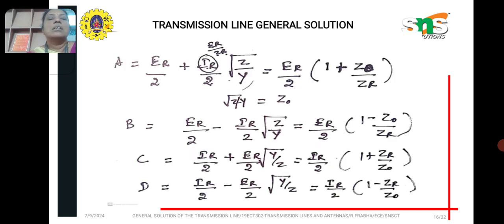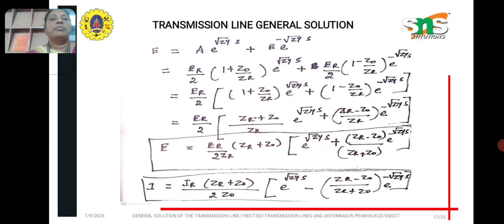A is ER by 2 plus IR by 2 root of Z by Y, or by substituting IR as ER by ZR and root of Z by Y as Z0, we get the value ER by 2 into 1 plus Z0 by ZR. In this way, B, C, D values are formed.